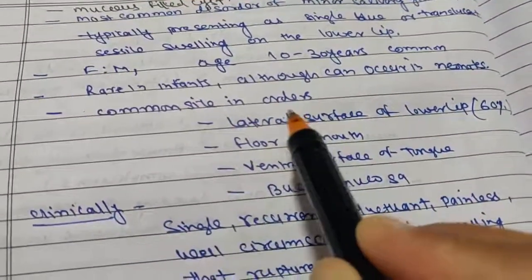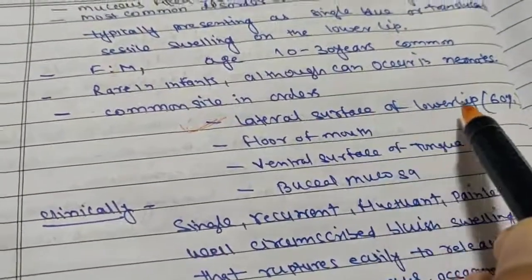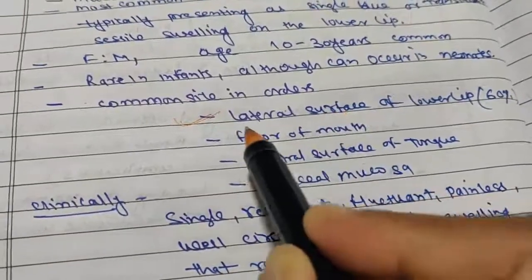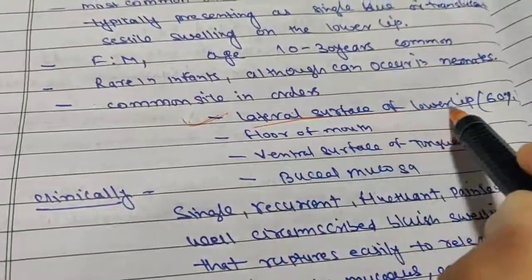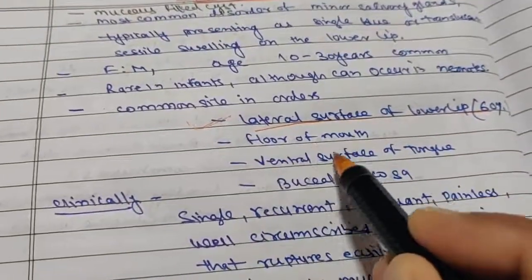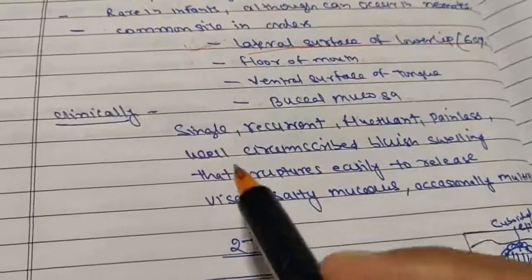Common sites in order: the most common location is the lateral surface of the lower lip, just lateral to the midline. Then the floor of the mouth, then the ventral surface of the tongue, and then the buccal mucosa.